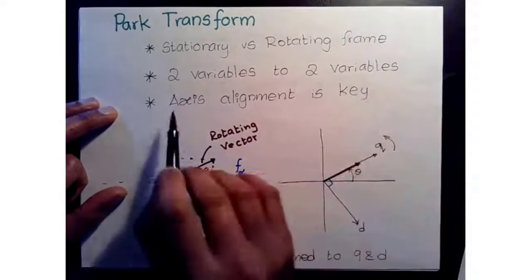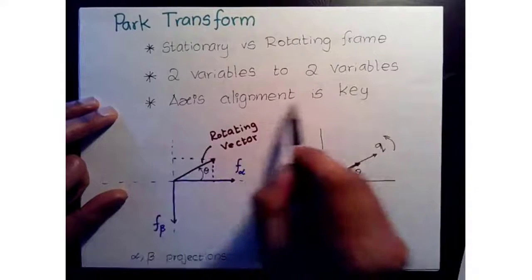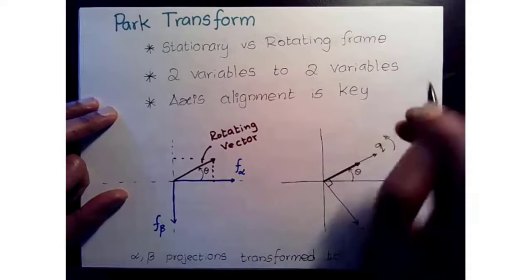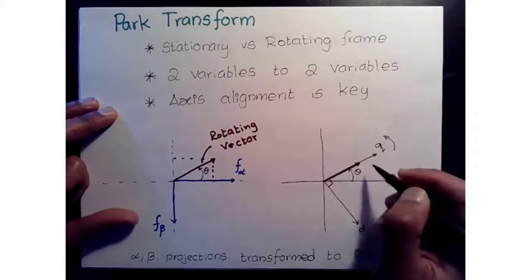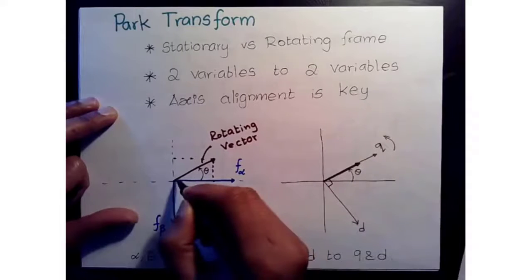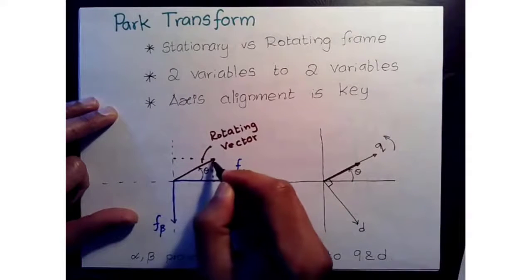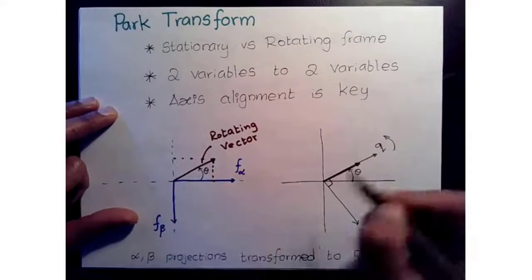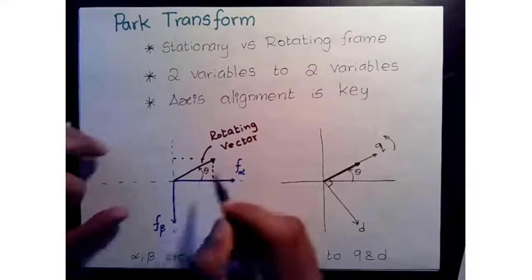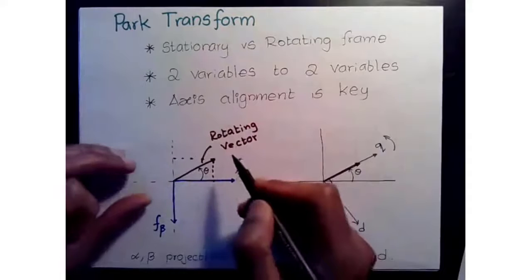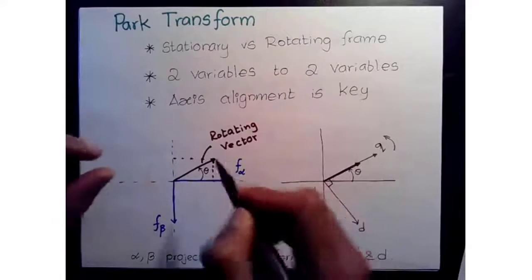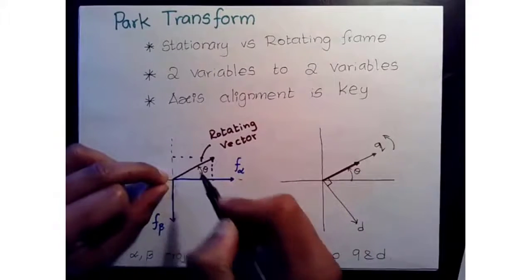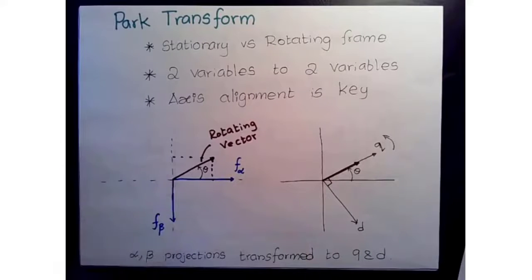Now, axis alignment is key. The reason is, for example, let's say your vector is like this, and it's rotating, and you are moving at the same rate as the vector, but you have a certain offset. So let me redraw this on a different piece of paper.